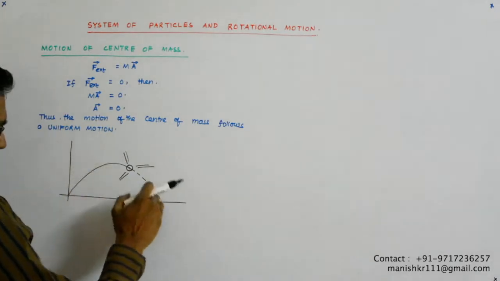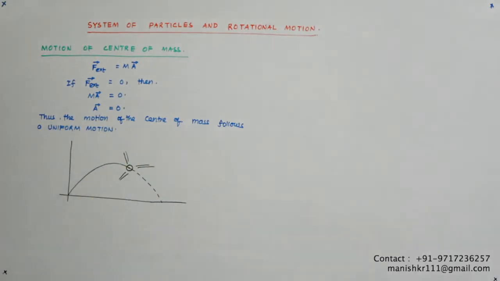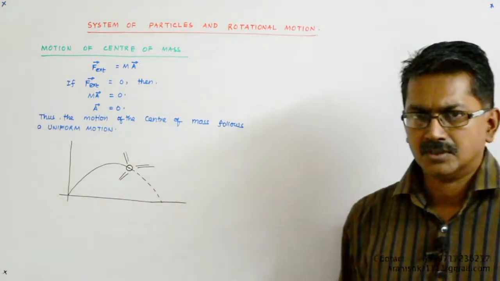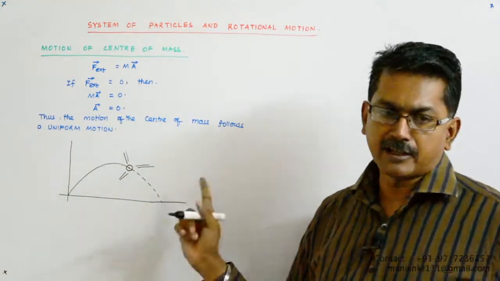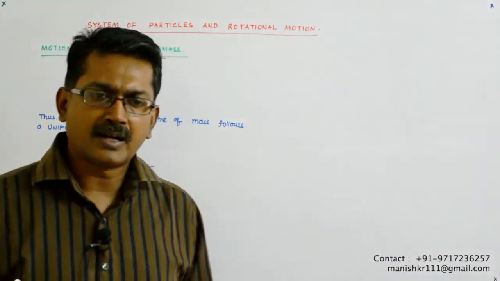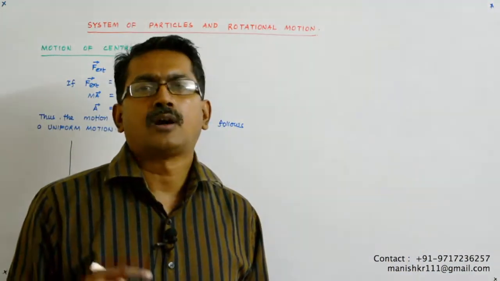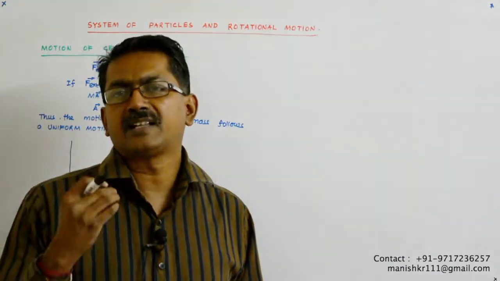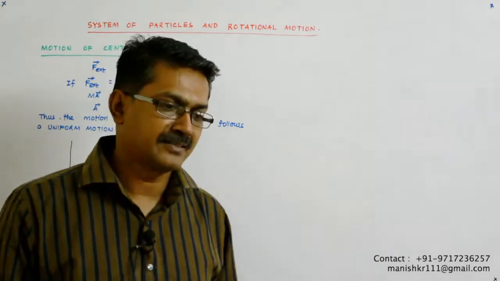The particle would have followed this trajectory, a parabolic trajectory. Now when they are flying off, and since the external force is 0, what happens to their center of mass? It moves as if nothing has happened.